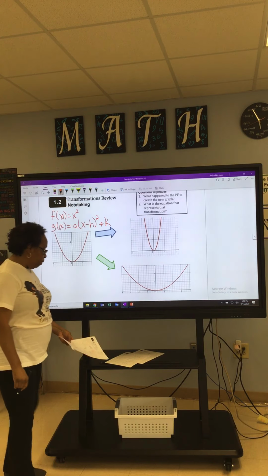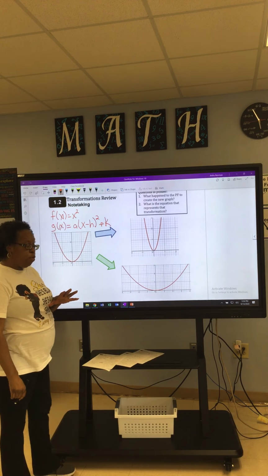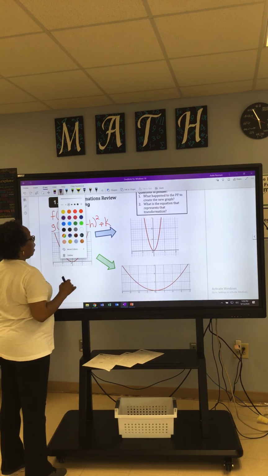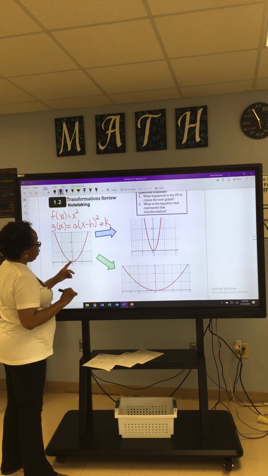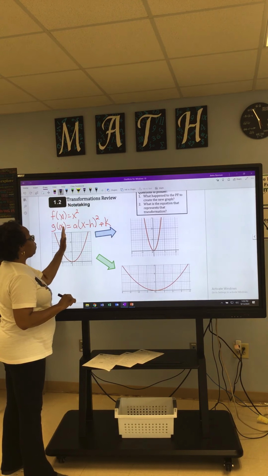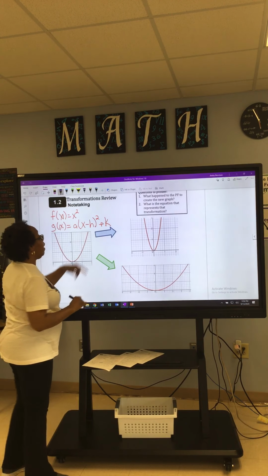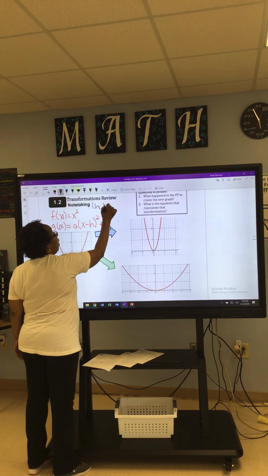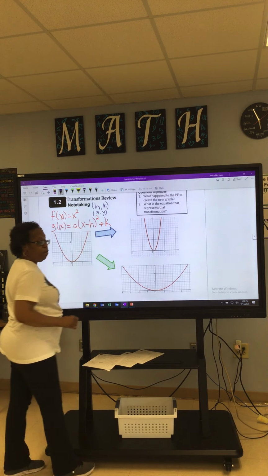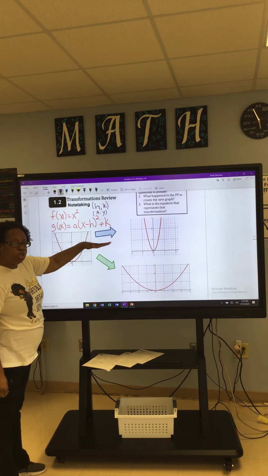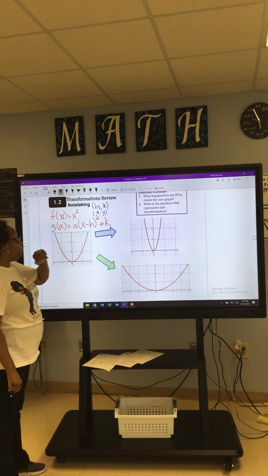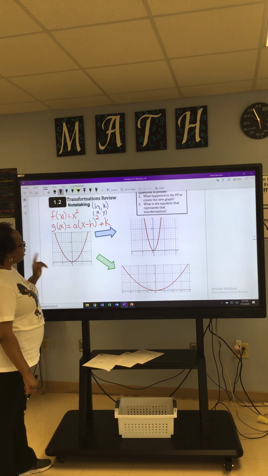If you remember back in Algebra 1, when you learned vertex form, we found out that when the vertex of a shape moves, we use this particular form of the equation. The h and the k represent the x and the y that we normally use for our vertex. So h is the horizontal change and k is the vertical change, just like x is horizontal and y is vertical, okay?